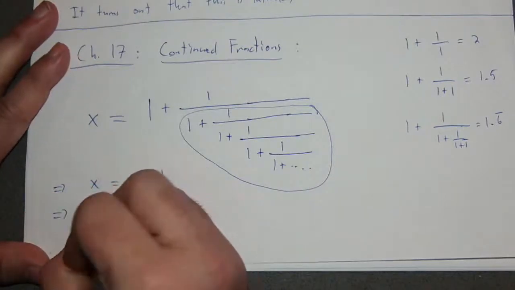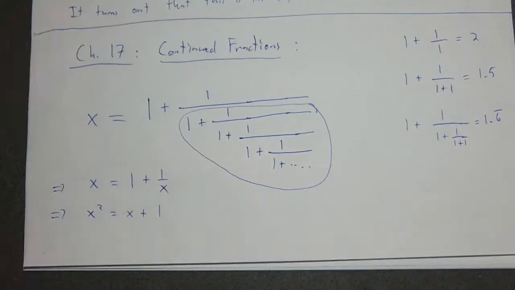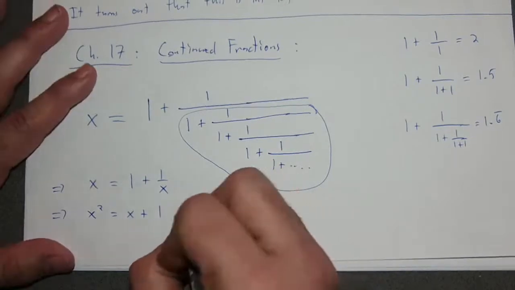Multiplying by x here, whatever x is, when you square it, that's the same thing as adding 1 to it.